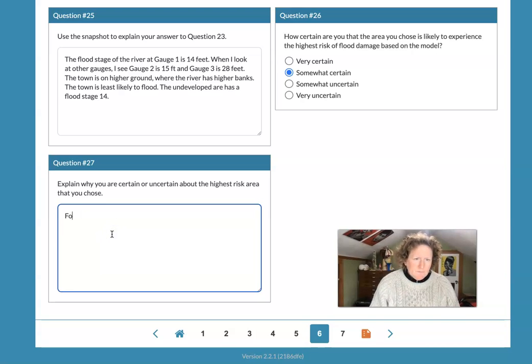Flood gauges are pretty accurate. They are based on historical data.